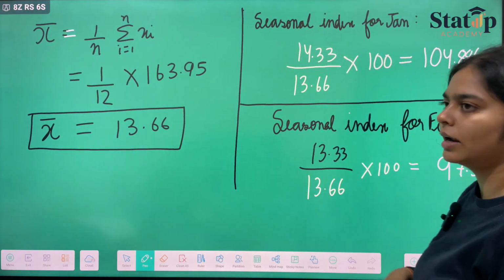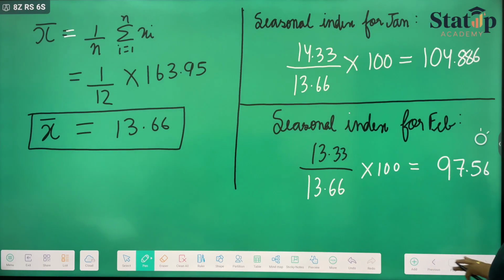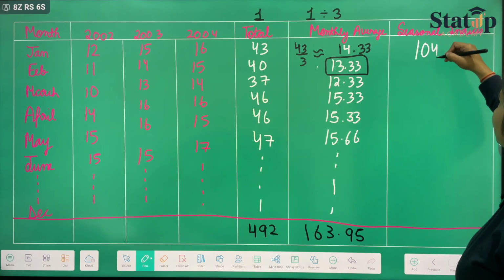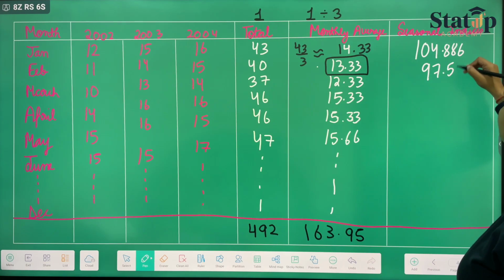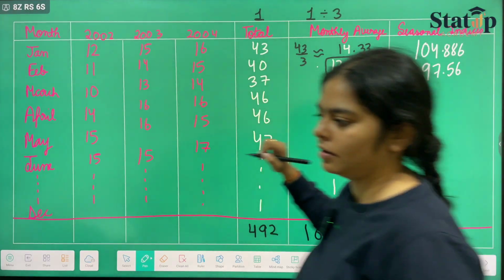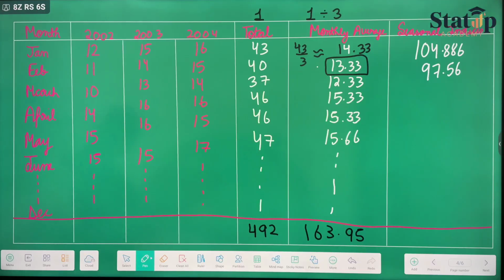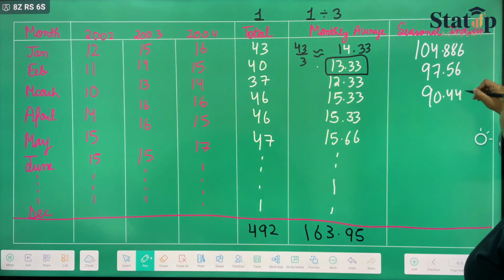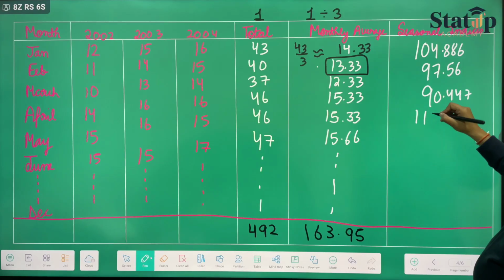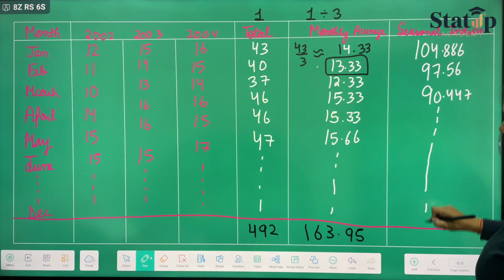And similarly we can get it for all the months. So it would be 104.886, 97.56, 90.247, 112.205, 90.447, 110 point. After this you can calculate on your own.